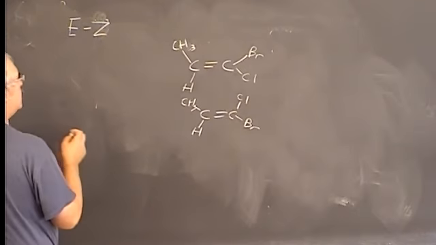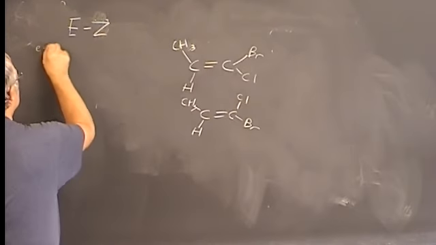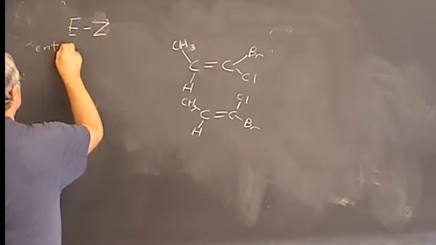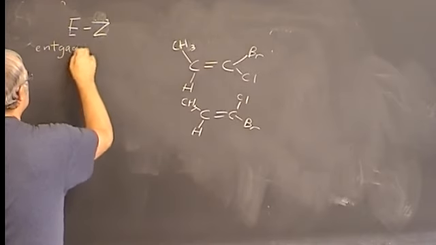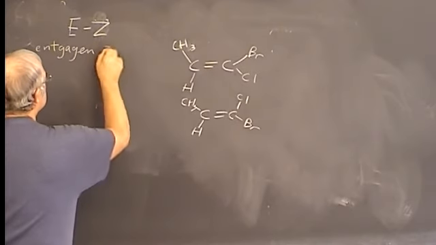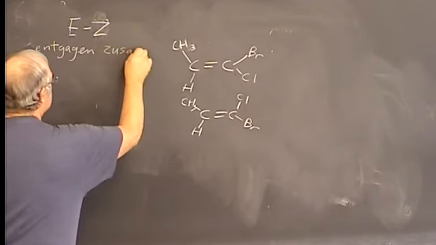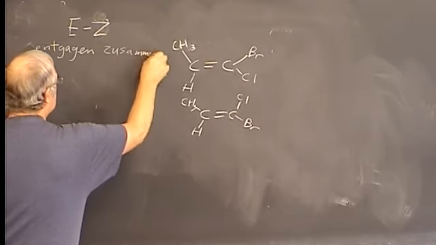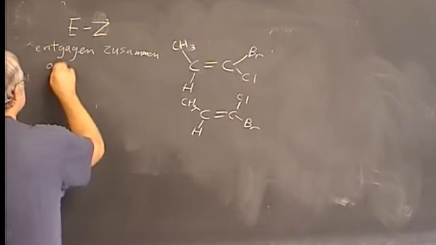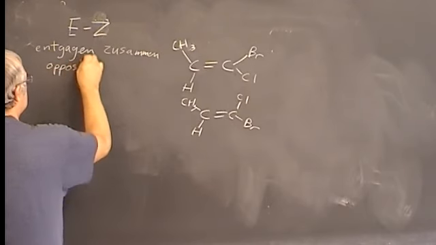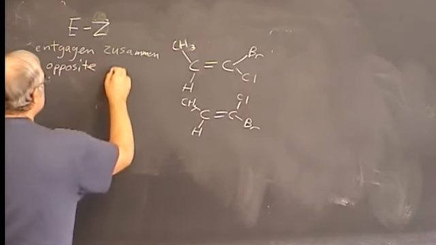These come from two German words. This is gegen, and then this is zusammen. This means opposite in English, and this means together.